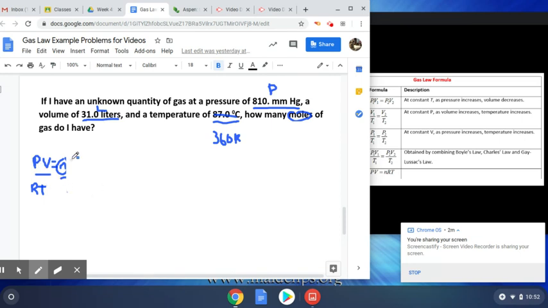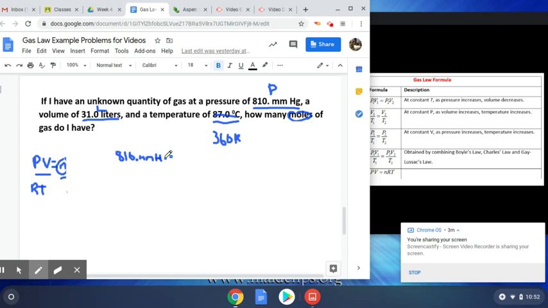So now let's go ahead and plug this stuff in. P is going to be 810 mmHg. mmHg stands for millimeters of mercury.